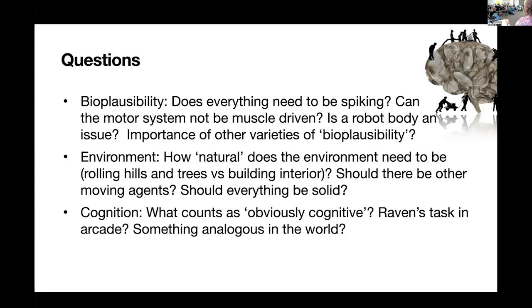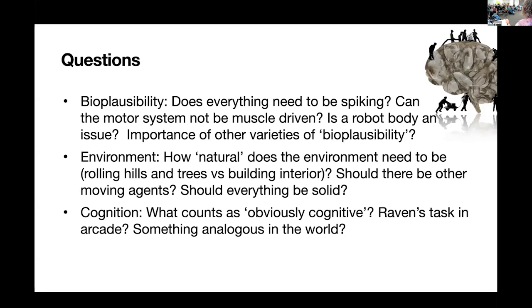How important is that for making the core point we're interested in making? So, do we need a motor system that's muscle driven? Is the robot body okay? It's not a biological body. Are there other varieties of bioplausibility that shatter the utility of the model if we don't take them seriously and ensure they're respected by the model?